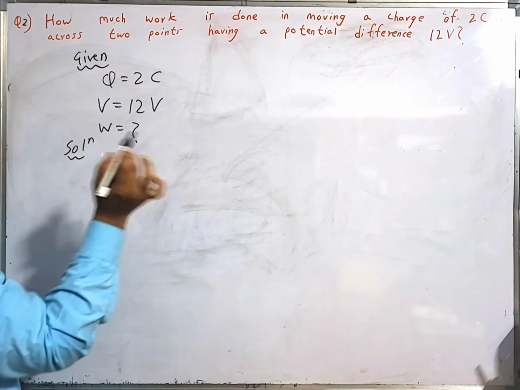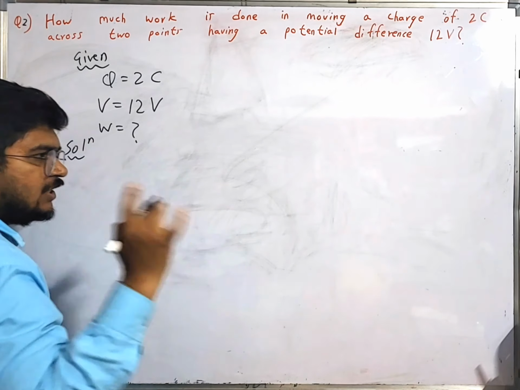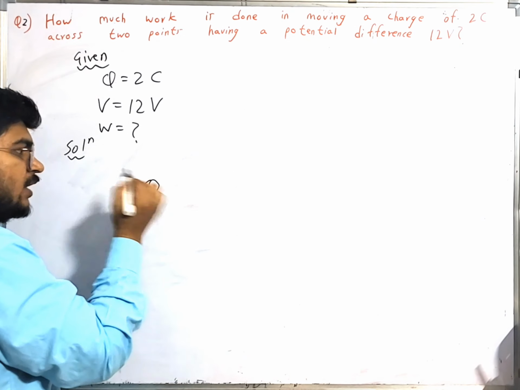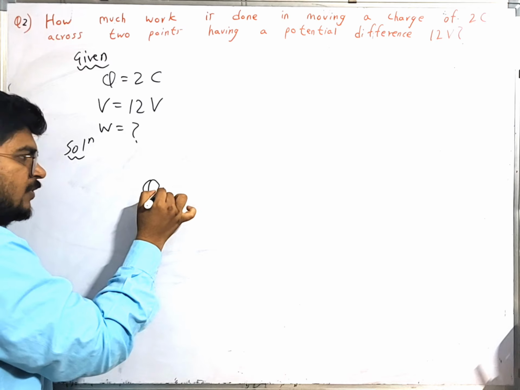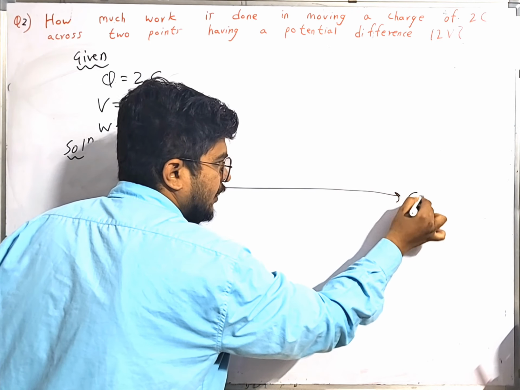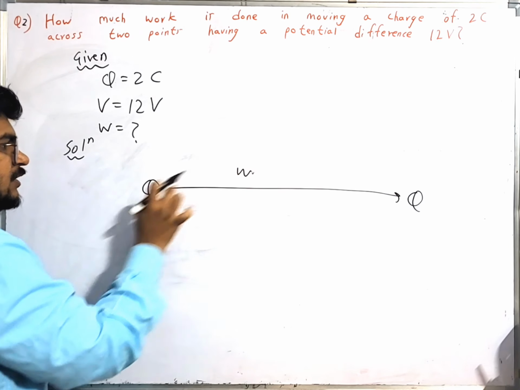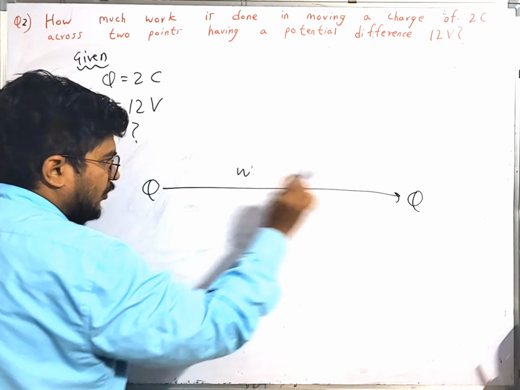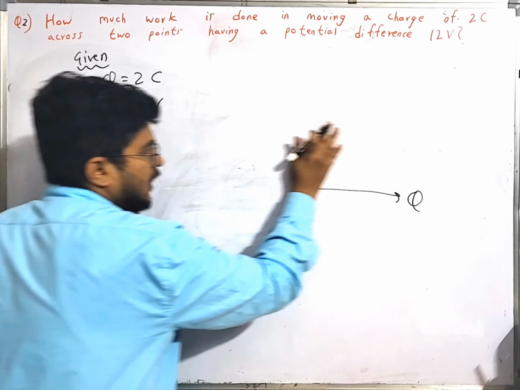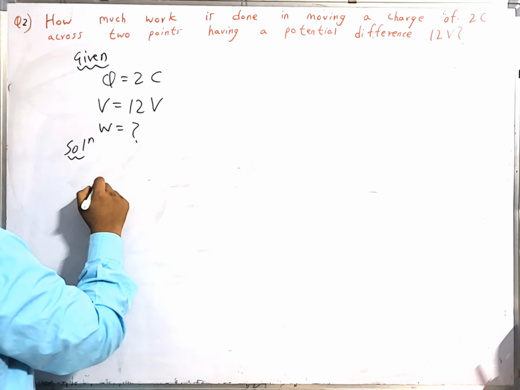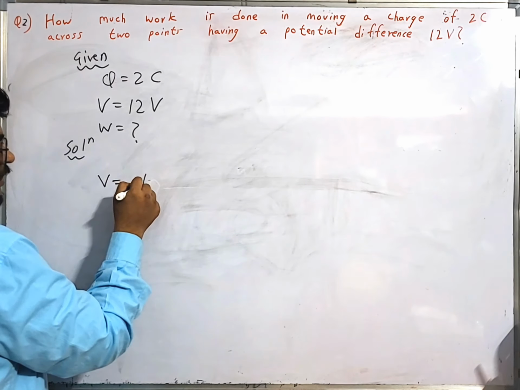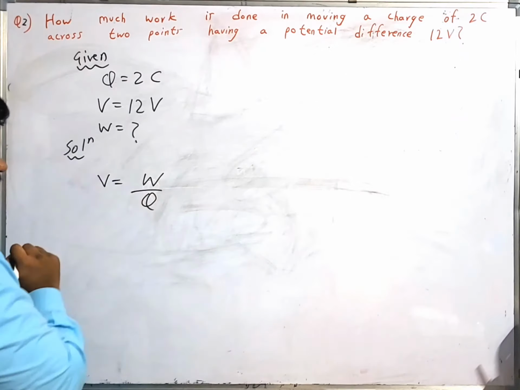Solution. As you know, what do you mean by potential difference? Potential difference is nothing but the work done to move a charge from one point to another point. As you know, the formula for potential difference, V, is work done per unit charge.